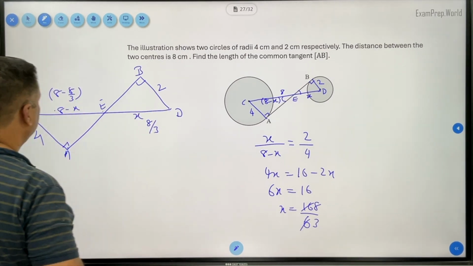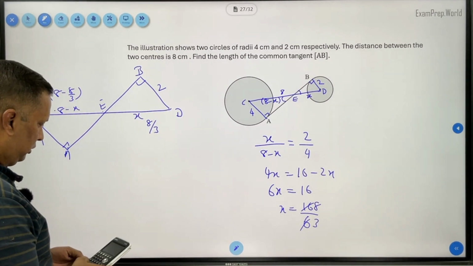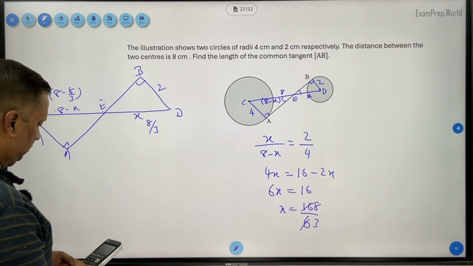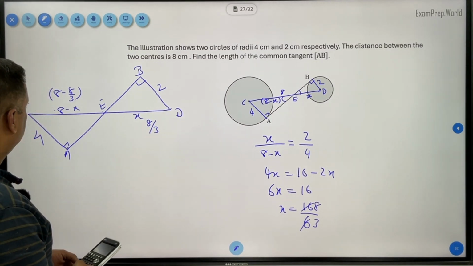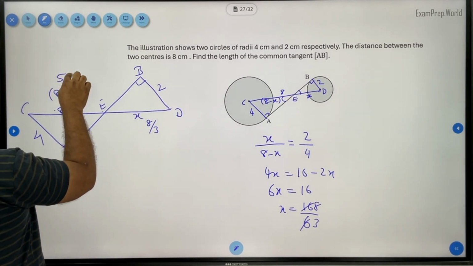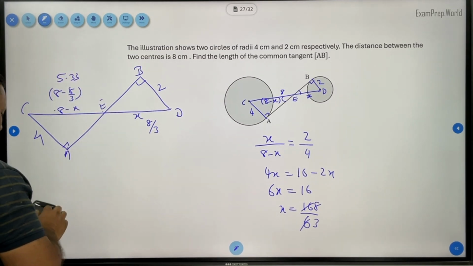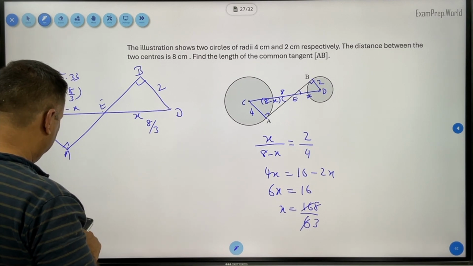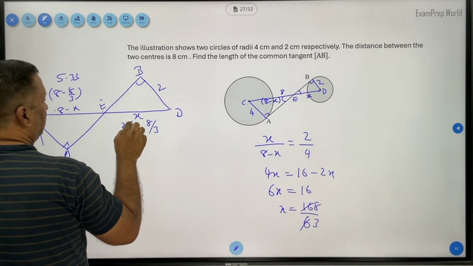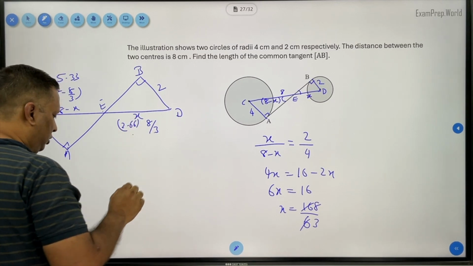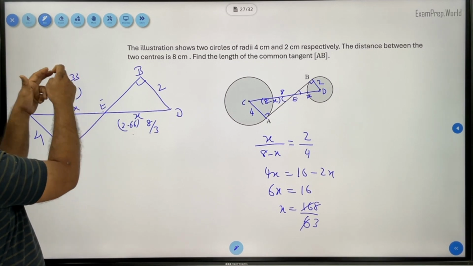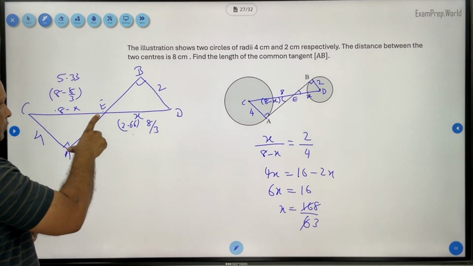So we will put some values there. 8 minus 8 by 3, how much is it? 8 minus 8 by 3 is 16 by 3, which is 5.33. This is 5.33 and this is 2.66. So we have the hypotenuse of this right angle triangle, and we can find the unknown side.